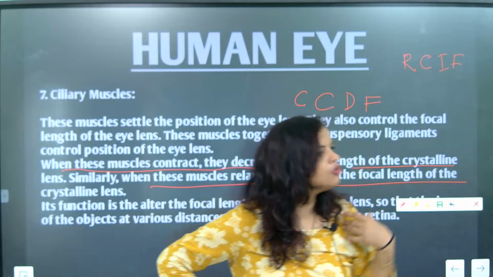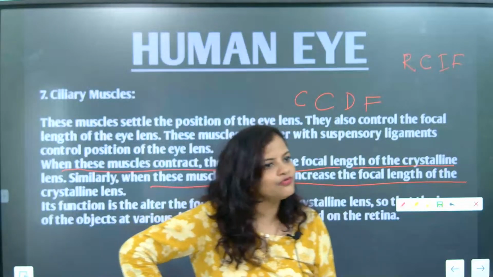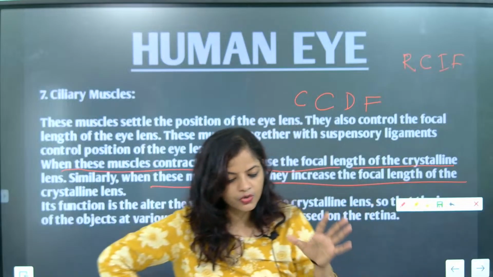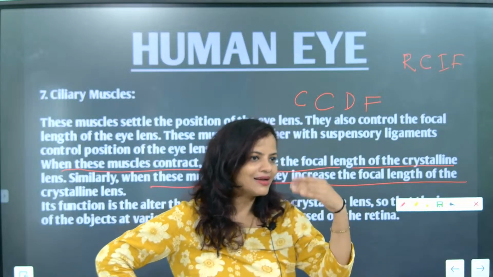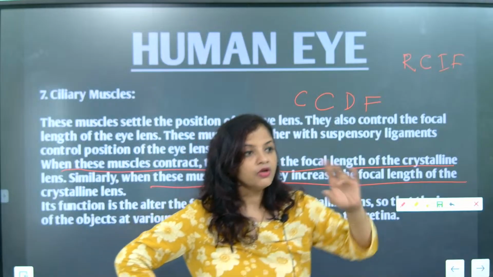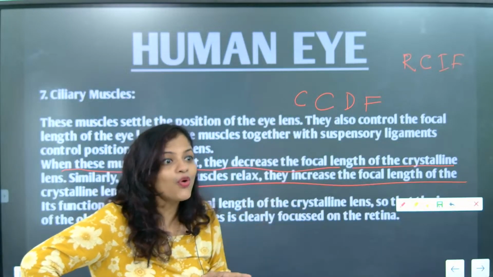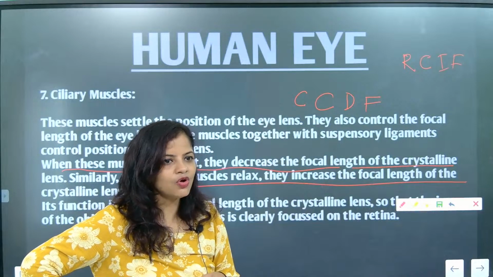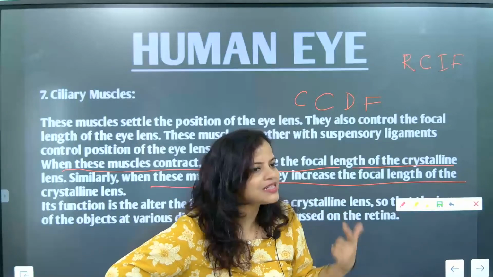If you are looking at me, it's not that the screen is not visible to you; the screen is also visible. That means you are doing dual work together. So the focal length of the eye lens will continuously change.